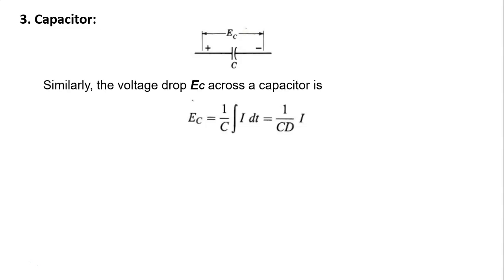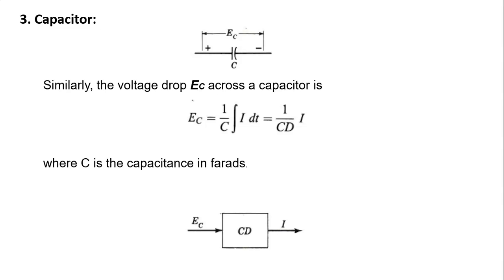We know that the integral sign is replaced by 1 upon D. Therefore, the final equation is EC is equal to 1 upon C D into I, where C is the capacitance in farads. This is represented by the following block diagram: EC into C D is equal to I.